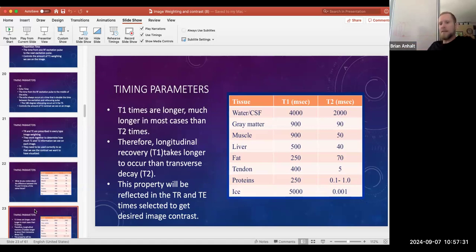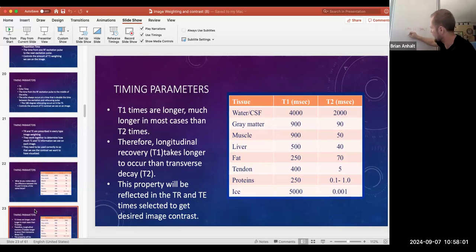My point in saying this is that when we talk about a long TR versus a long TE, the long TR is going to be much longer than a long TE. We might call a long TR 3,000 milliseconds and higher.